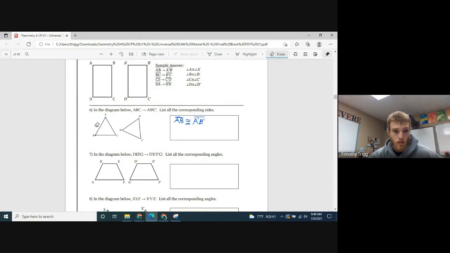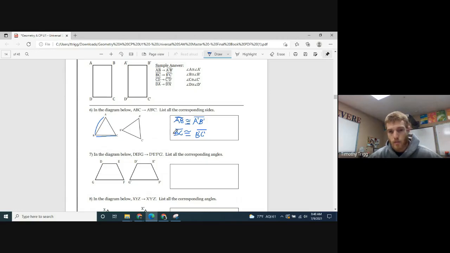Okay? So let's list the other corresponding sides of these triangles. So we already talked about AB, which is here. What about BC? Okay, so that's BC. And what would be its corresponding side? So that would be B prime, C prime.